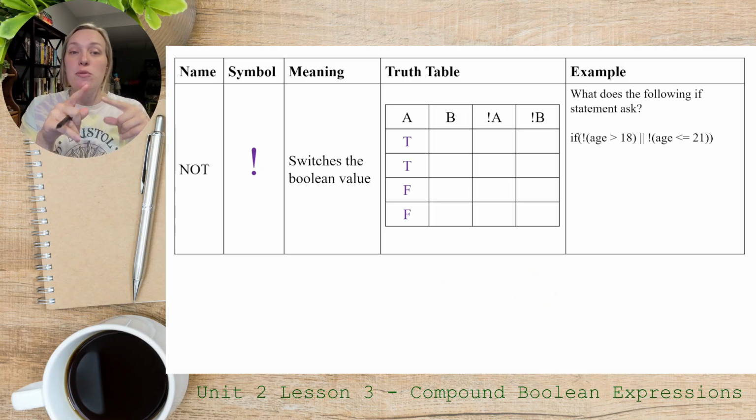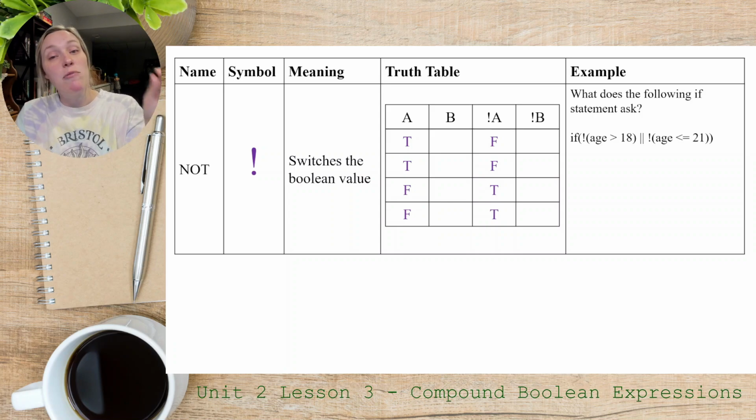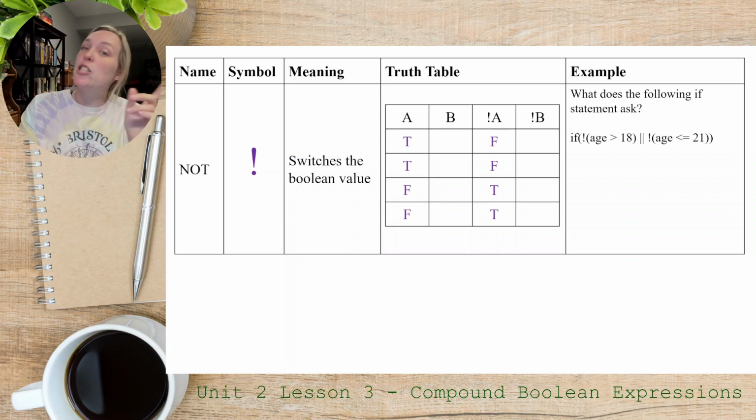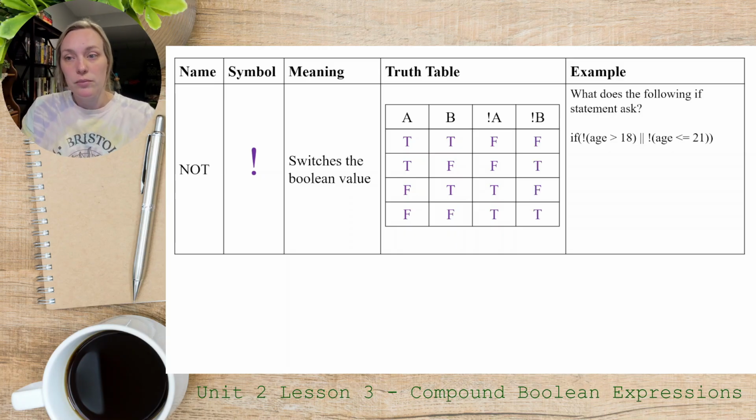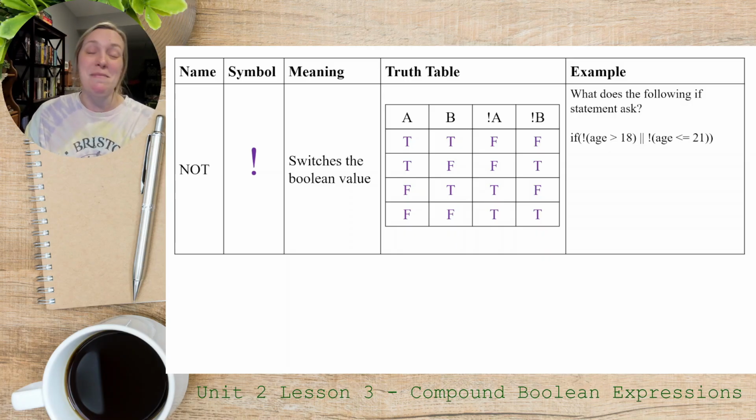Setting up my truth table, if A is true, true, false, false, then not A would be false, false, true, true. It switches the Boolean value. Vice versa, if B was true, false, not B would be false, true, false, true. So if I have this statement, what does the following if statement ask?